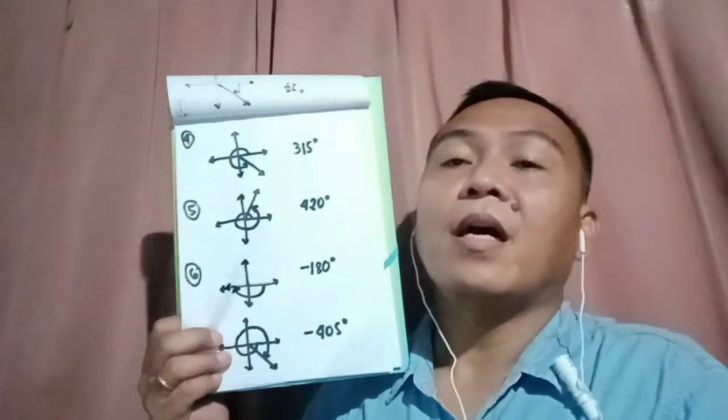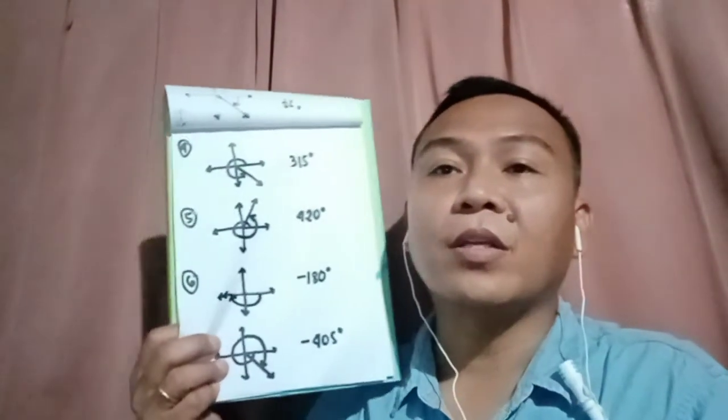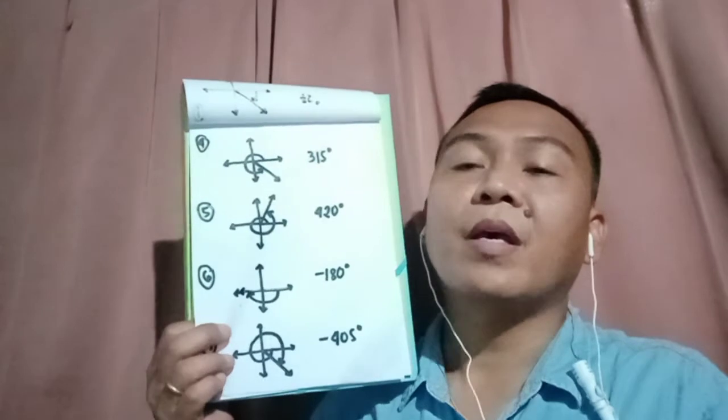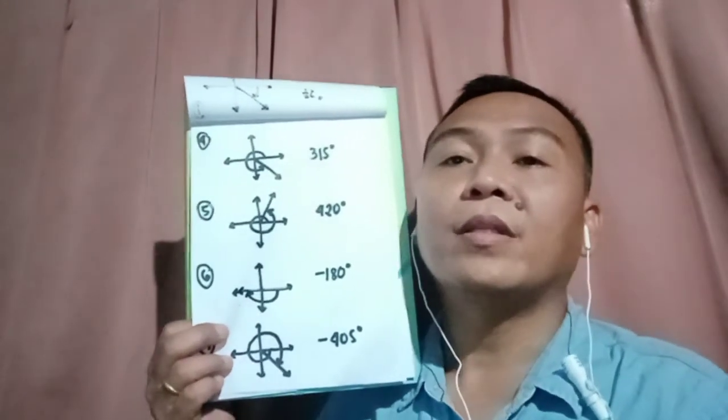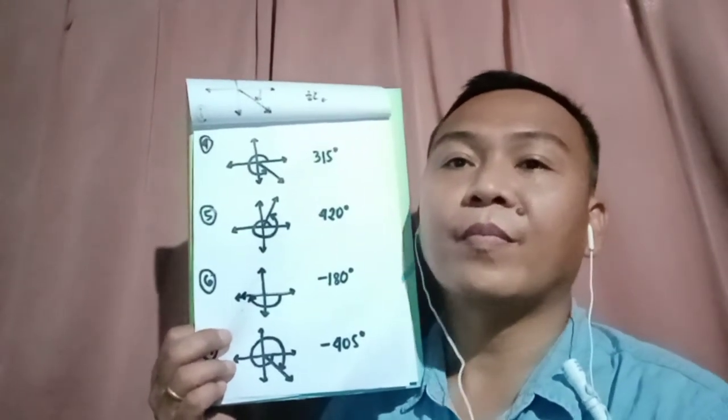These angles are said to be in standard position, and at the same time, these angles are called quadrantal angles. Why?